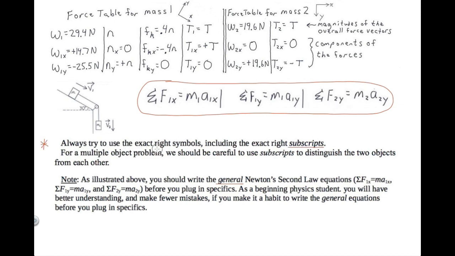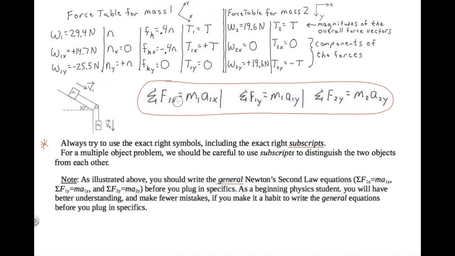Always try to use the exact right symbols, including the exact right subscripts. For a multiple object problem, we use subscripts to distinguish the two objects from each other. For this problem, we use 1 and 2 subscripts to carefully distinguish the Newton's second law equations for mass 1 from the equation for mass 2.